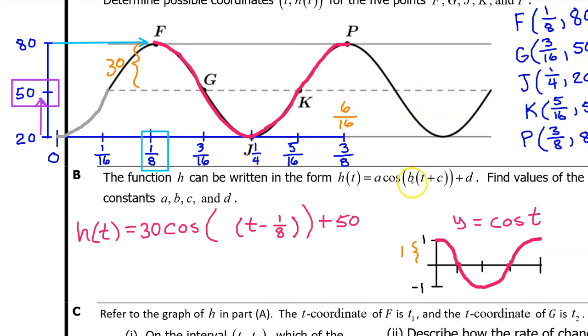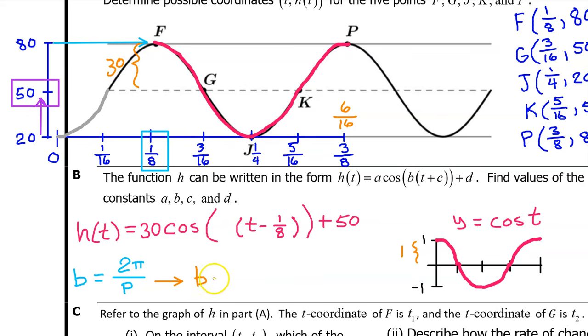How about that b value? That's the only thing missing. I want you to memorize this b value formula, which works for sine and cosine. b is equal to 2 pi divided by the period. Back in part A, we found that the period was 1/4 of a second.